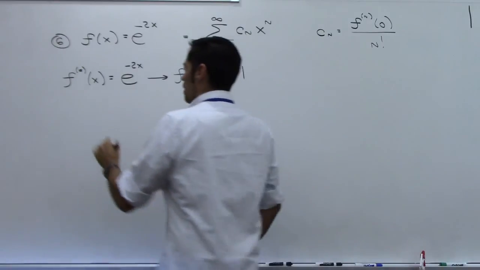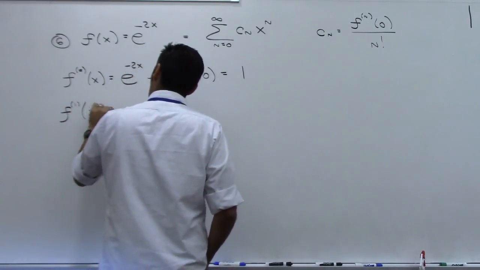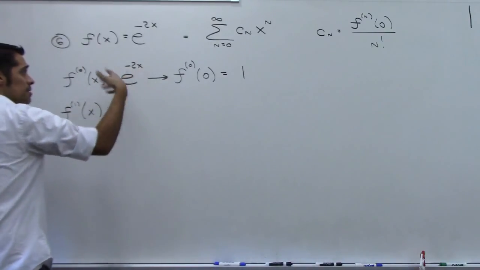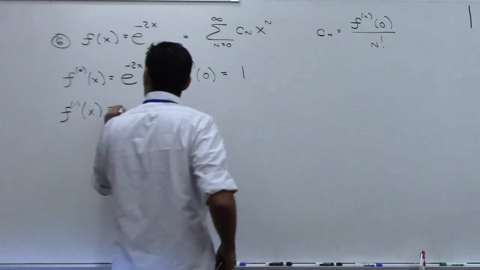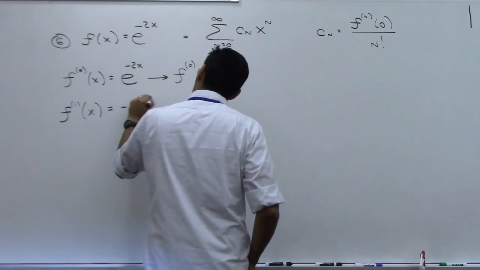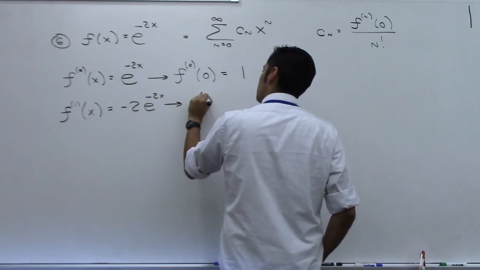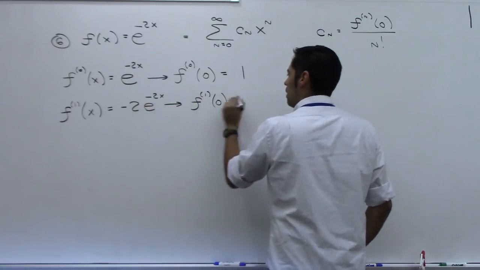Now let's take the first derivative. I have a little bit of chain rule to do here. The derivative of e to the negative 2x is itself, but then times negative 2, the derivative of the exponent. So negative 2 e to the negative 2x. If I plug 0 in, this is going to be 1, and I just get negative 2.